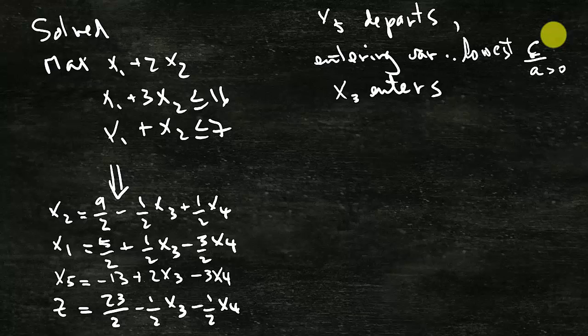So what we need is to identify x5, x3, this is the pivoting equation, and we need to know what x3 is.